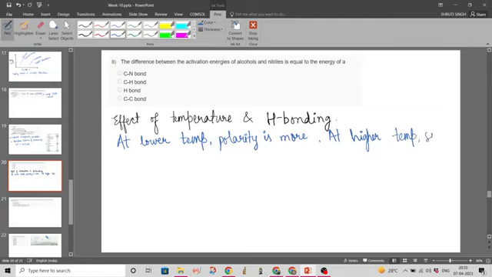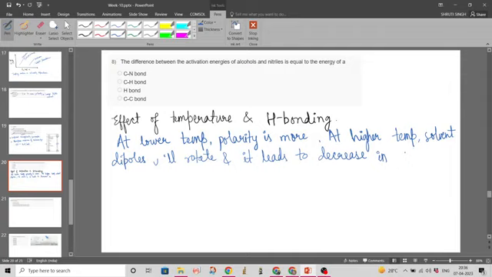At higher temperature, the solvent dipoles will rotate, and it leads to a decrease in the polarity, or this ET30.